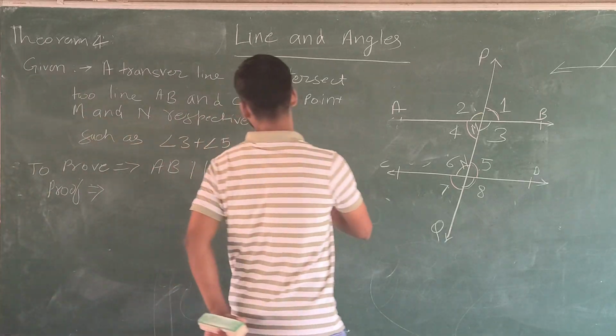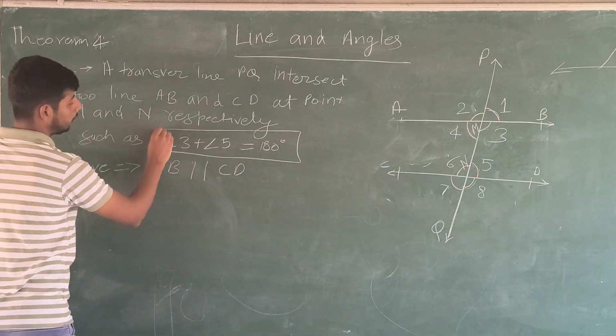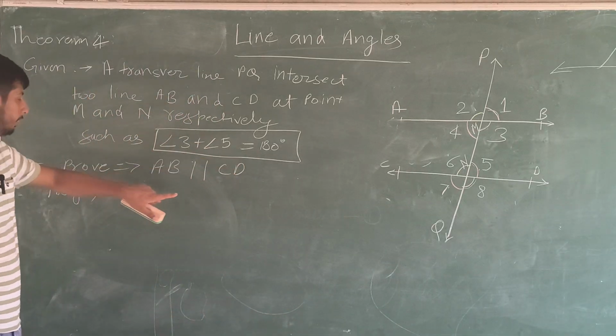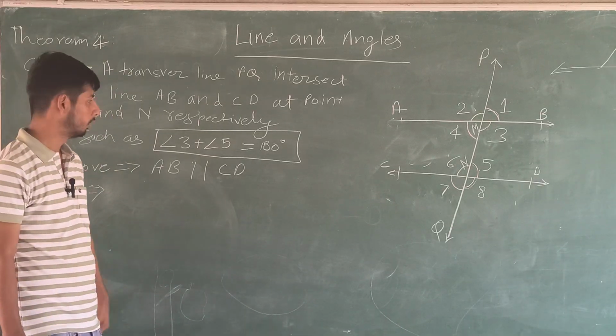Look here. This is already given: angle 3 plus angle 5 is equal to 180 degrees. Then we have to prove that line AB is parallel to line CD.